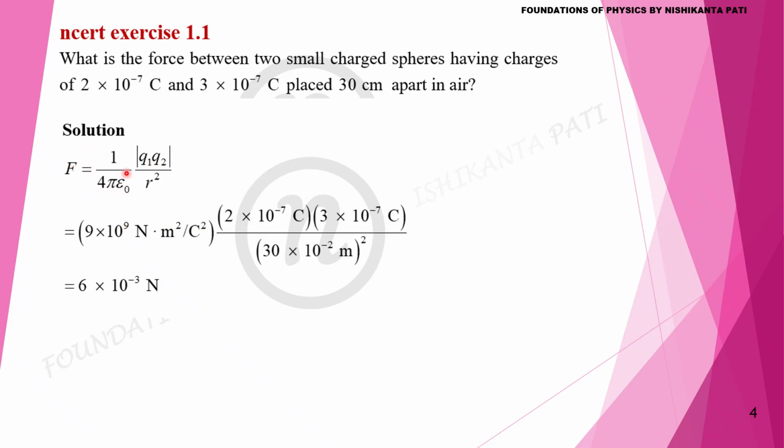So 1 by 4 pi epsilon 0 value, Q1, Q2, both are positive. Since Q1, Q2 both are positive, Q1 mod is itself, Q2 mod is also itself, and 30 centimeter converted to meter. So the answer coming is 6 × 10^-3 Newton.